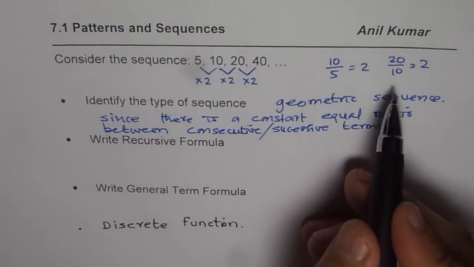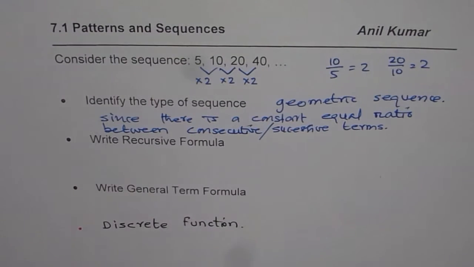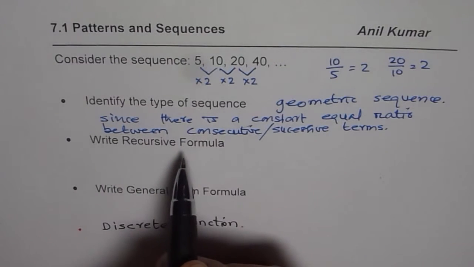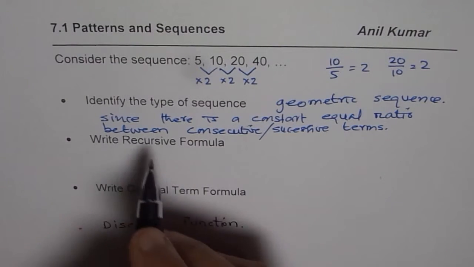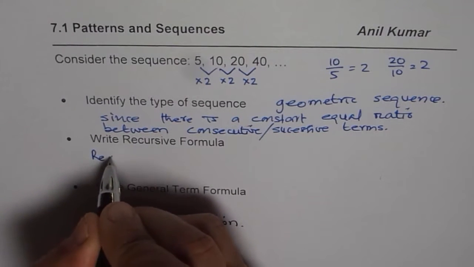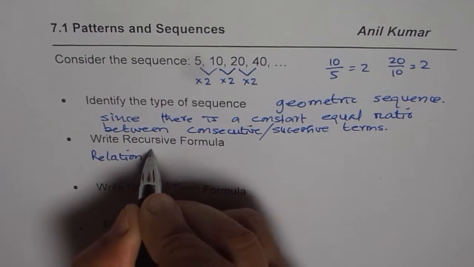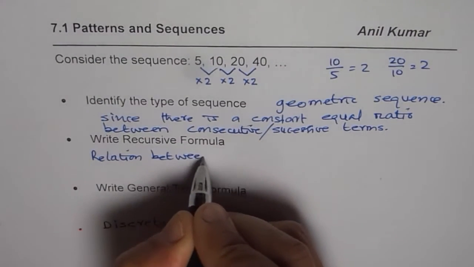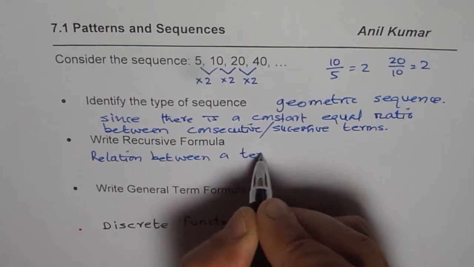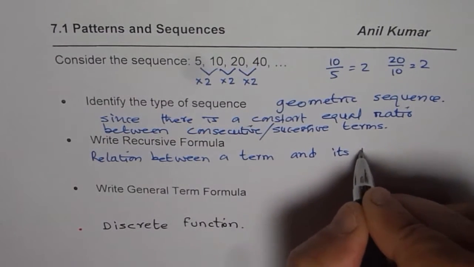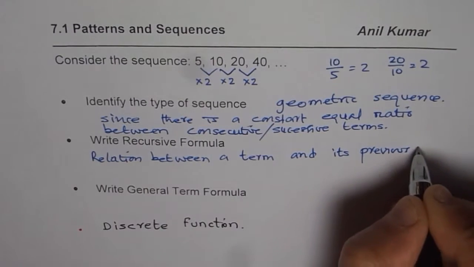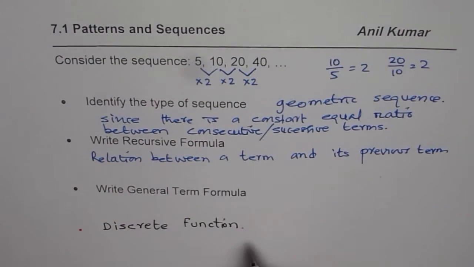Now, knowing this, we can actually find different kinds of formulas for a given sequence. One of the formulas is called recursive formula. In recursive formula, we are trying to relate every term with the previous term. So in this case, how are they related?